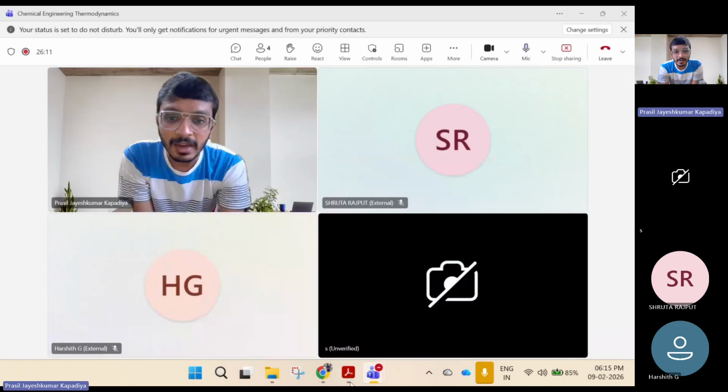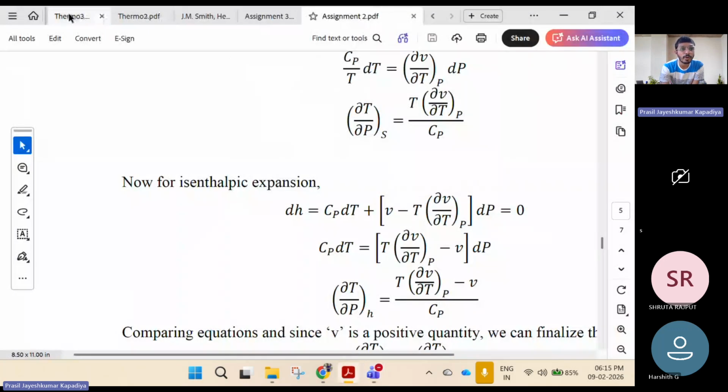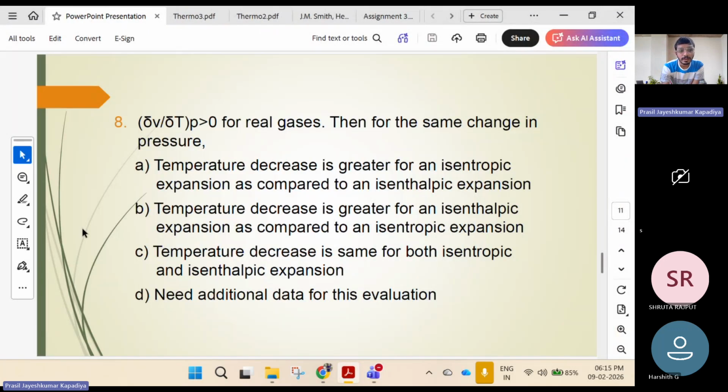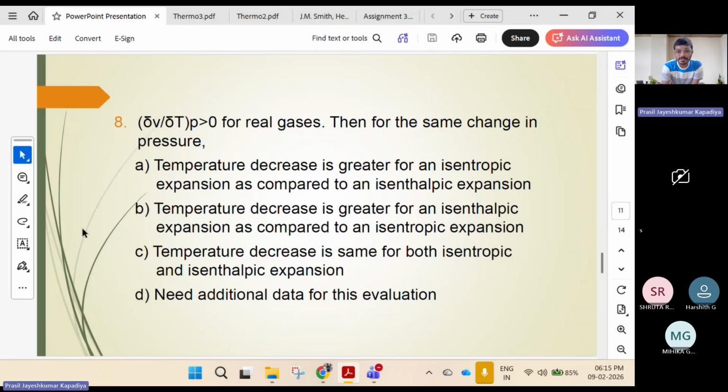So we can say from our problem statement that temperature decrease will be greater for isentropic expansion as compared to isenthalpic expansion, correct? Because there is only one additional term, that is minus V by Cp, that is subtracted from the same term.